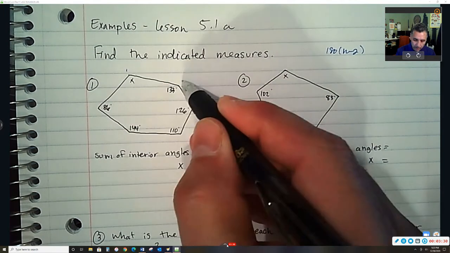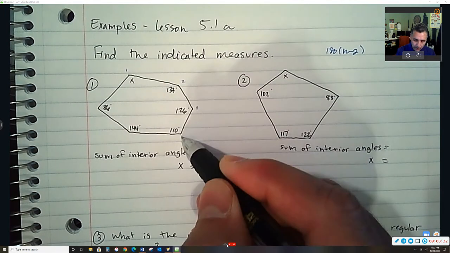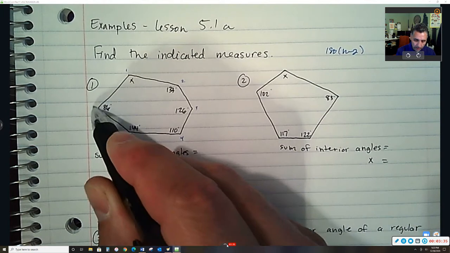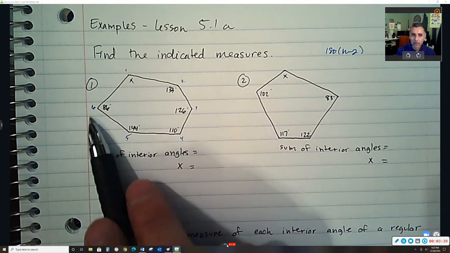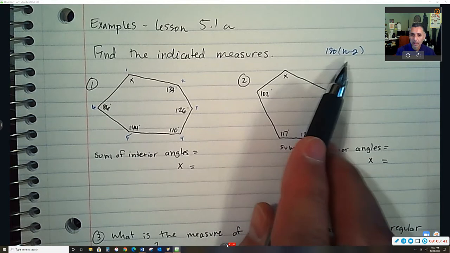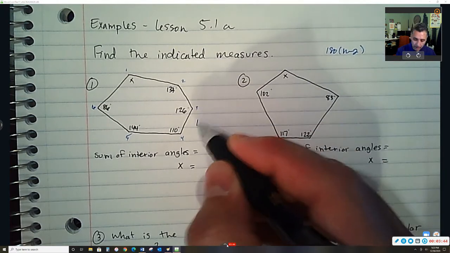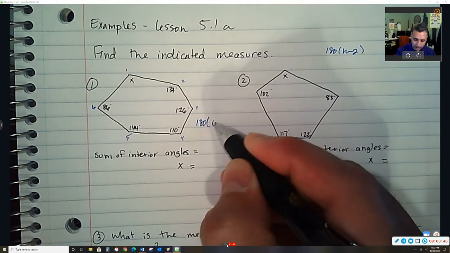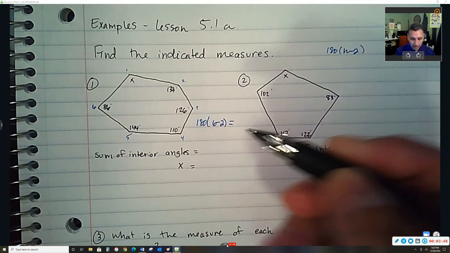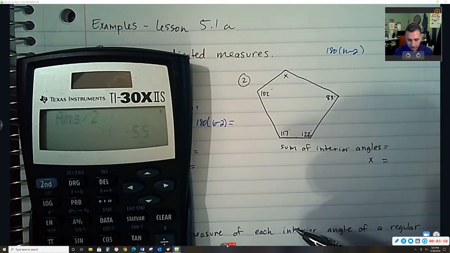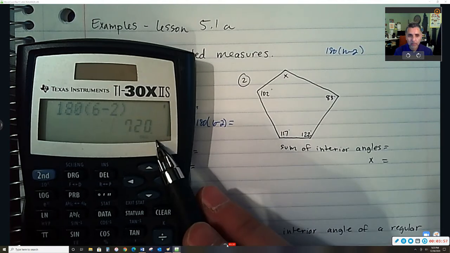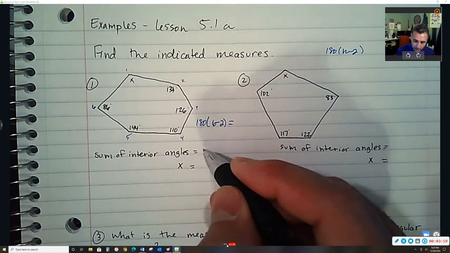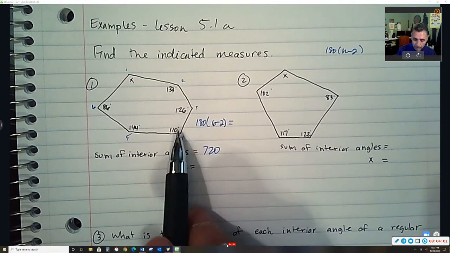There's 1, 2, 3, 4, 5, 6 angles. So I plug 6 in here, 180 times (6 minus 2), and I'm going to type that in the calculator. And that's the total. That's what all 6 angles need to add up to. So I know all of them need to add up to 720.